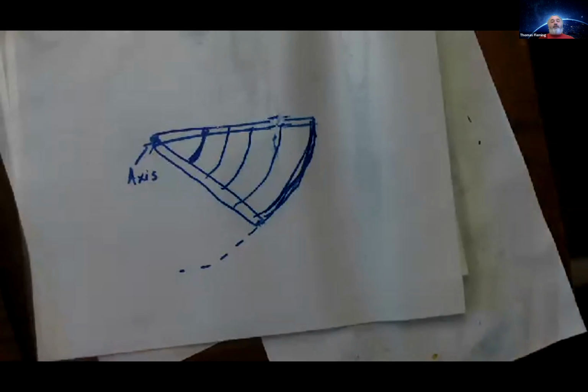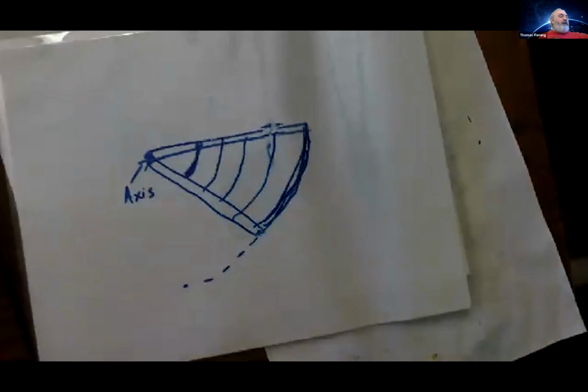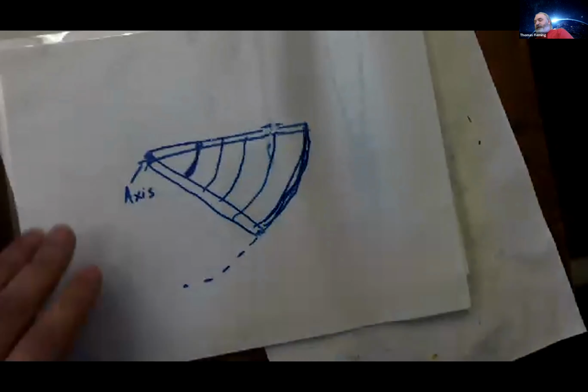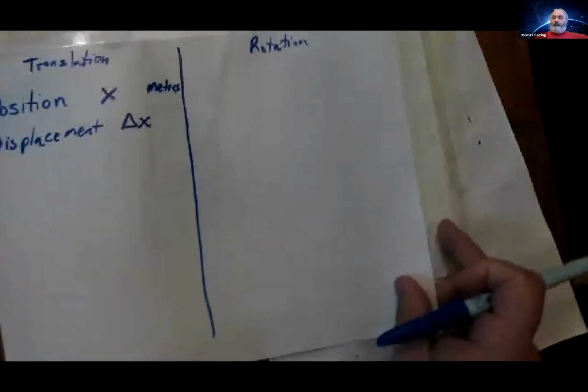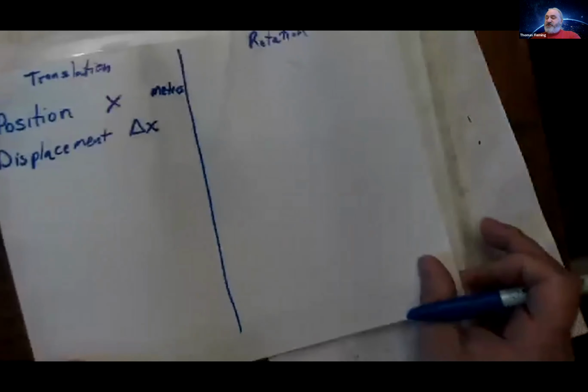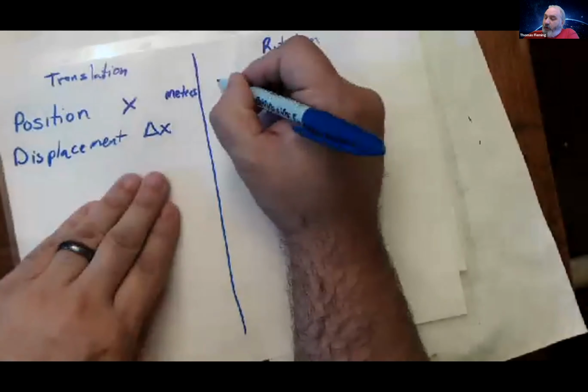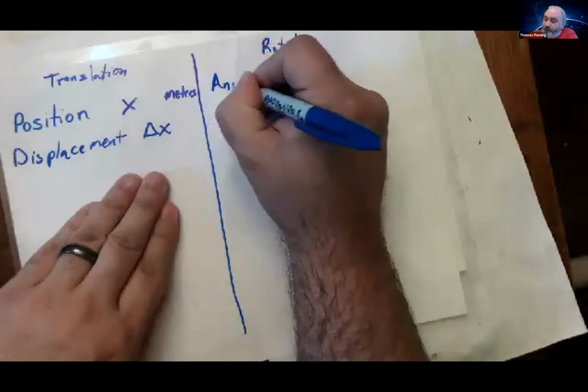So the way we'll keep track of positions in rotational motion is by using an angle as the thing that we measure. Rather than a distance in meters, we'll measure an angle in either radians or degrees. And so this is going to give us the rotational equivalent to position, and that is what we call angular position.